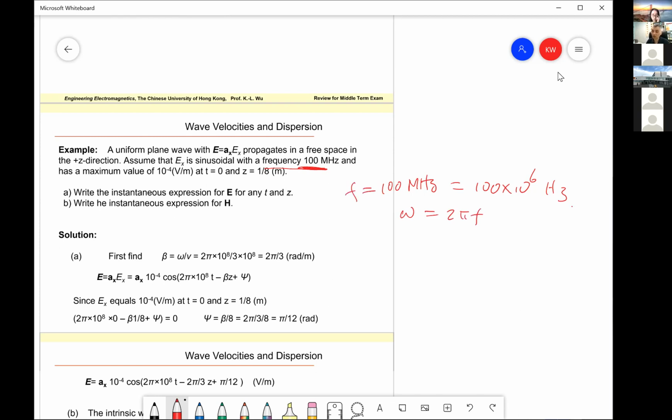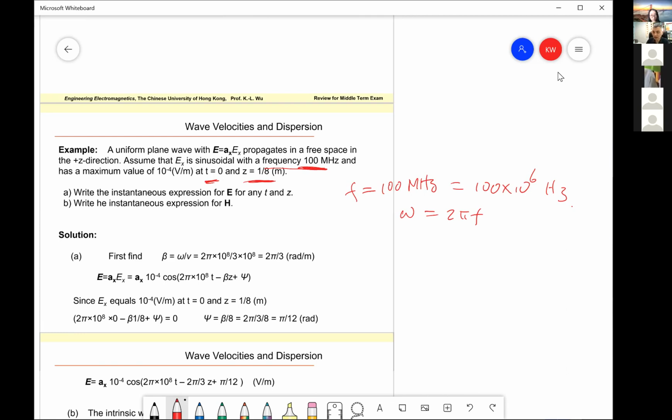And if they say that at z, t equals 0, you already travel that much distance. That gives you an indication that you can determine the initial phase.